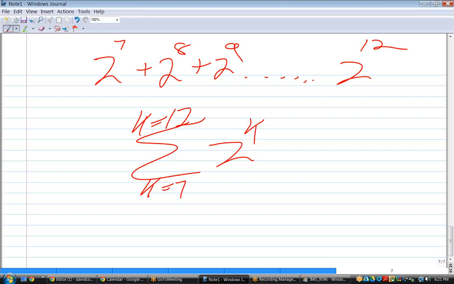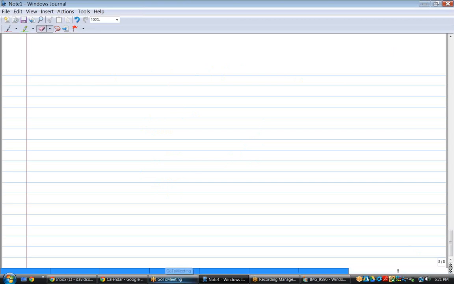That's all there is to it. You could also turn this around and write something like 2 to the 7 minus k, and then alter what k goes to. But there's nothing wrong with k going from 7 to 12. These sigma notations don't always go from 0 or 1 to a number. Sometimes they go from 2. Basically, there's no restriction on those numbers.